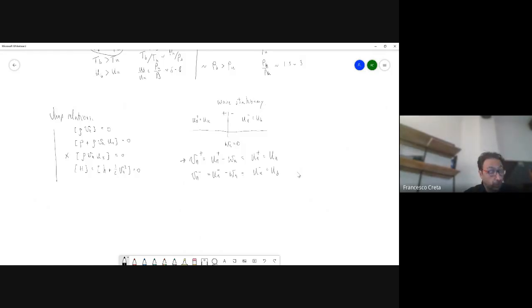So now we can finally substitute. We will unfold, remembering that the operator is essentially, if this is psi, psi on the plus side minus psi on the minus side. So we will unfold all these operators and substitute for Vn plus and Vn minus. What we get is something like this.